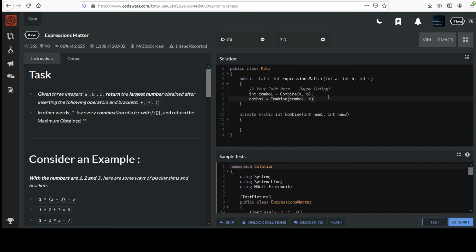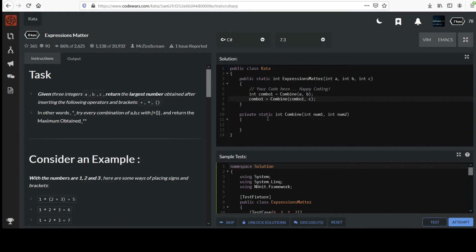So these two lines just said, hey, combine the first two numbers in the most efficient way that gives the biggest result, and then combine that with the third parameter in the most efficient way that gives the best result.